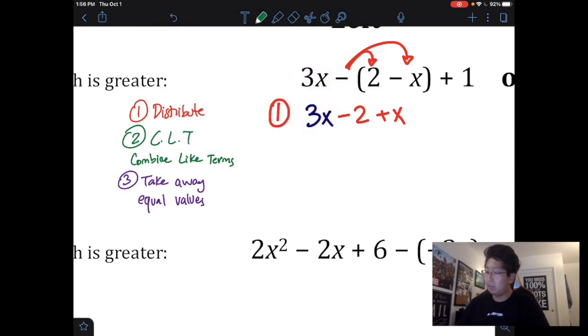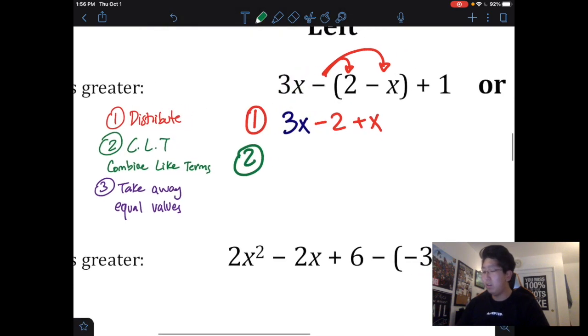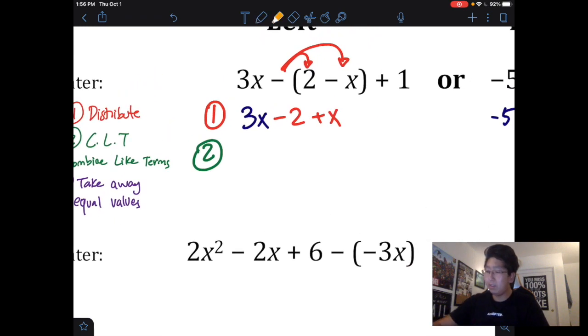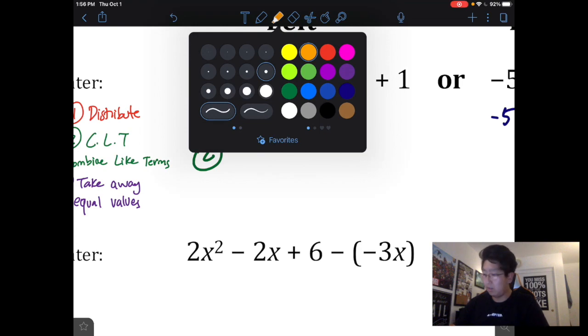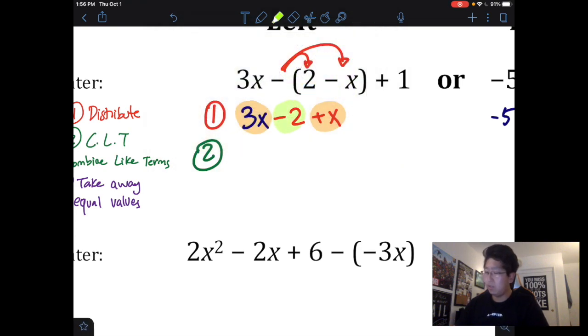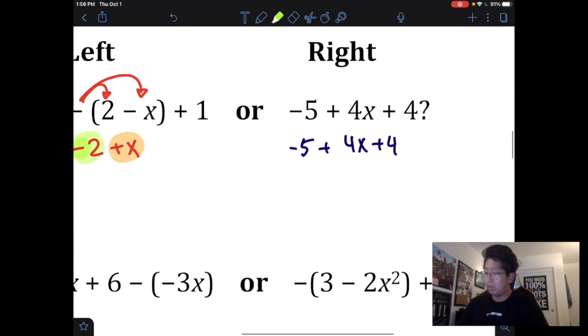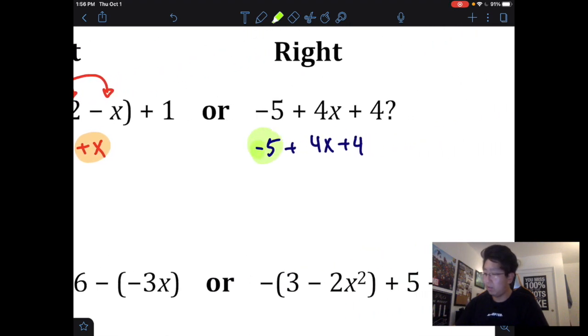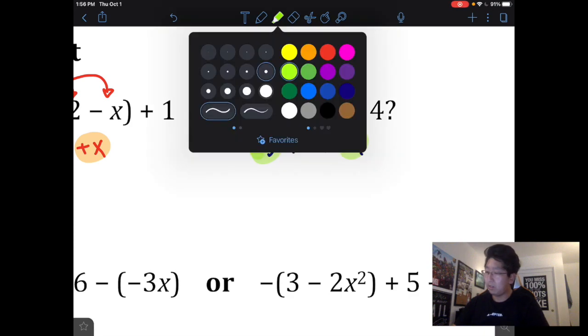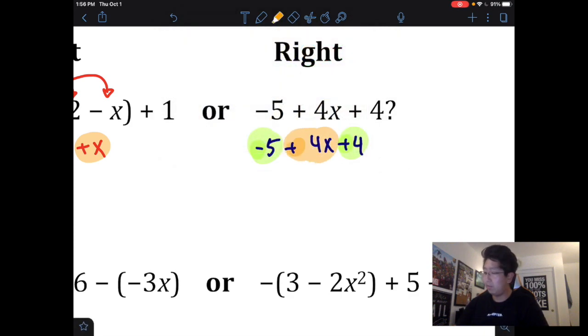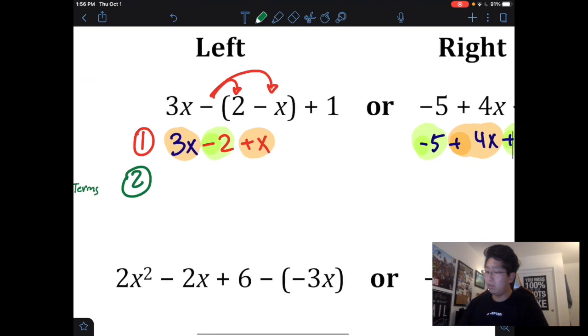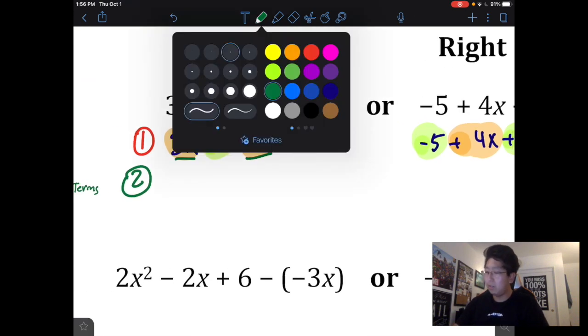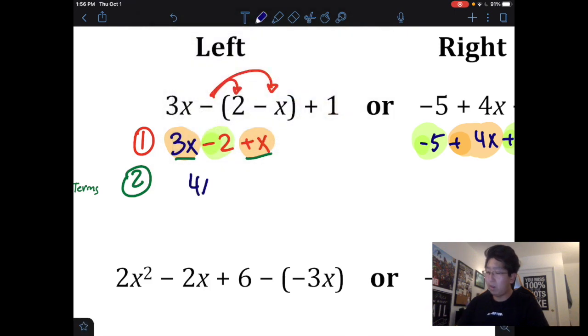Let's go ahead into the second step, combine like terms. So that's where I'm going to highlight the x's, and I'm going to highlight the units. Same thing here. I'm going to highlight the units and highlight the x's. So when I combine 3x plus x, I get 4x and minus 2.